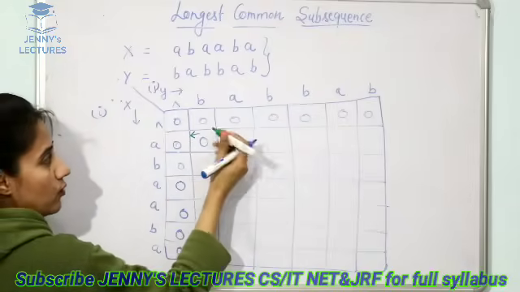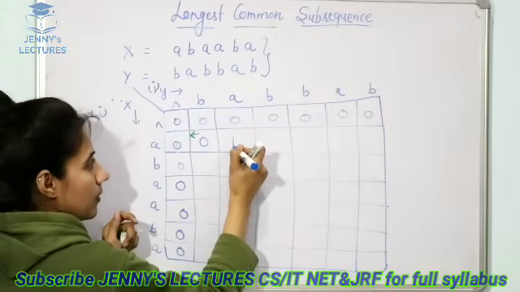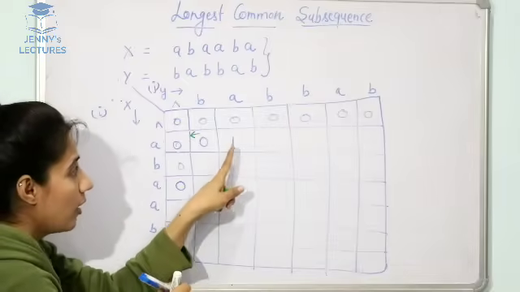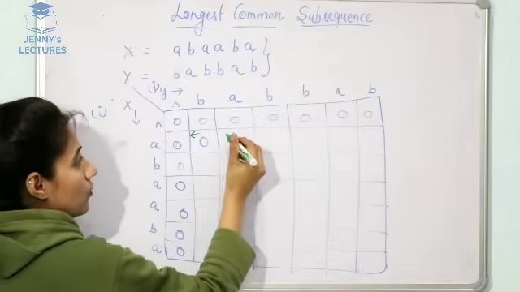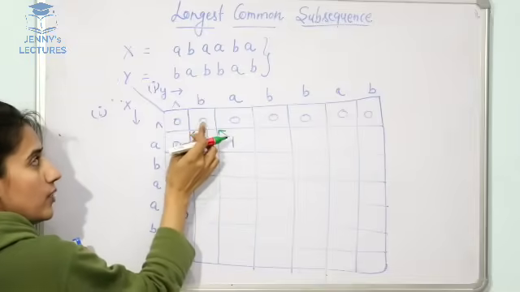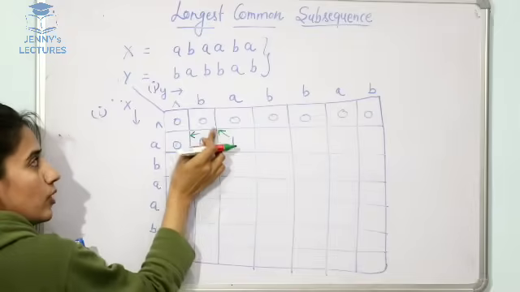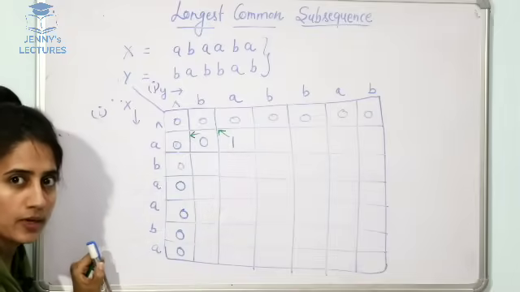Here we have 0, then 1 plus 0 is what? 1 only. And how did you get this 1? From this 0, we have taken this 0 and then added 1. Then you will draw an arrow from this 1 to this 0, like that.